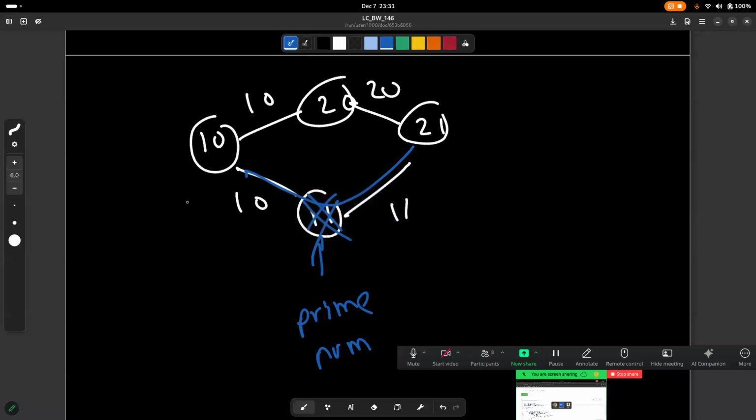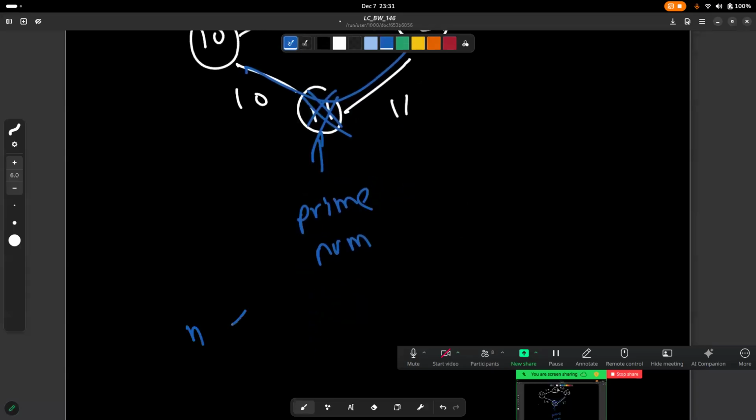All right. Now I'm given that n and m are less than or equal to 10 raised to power 4. Sorry, strictly less than 10 raised to power 4.